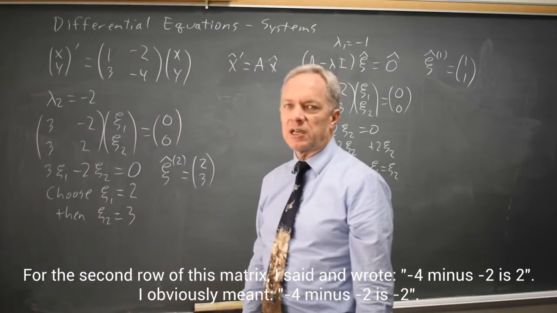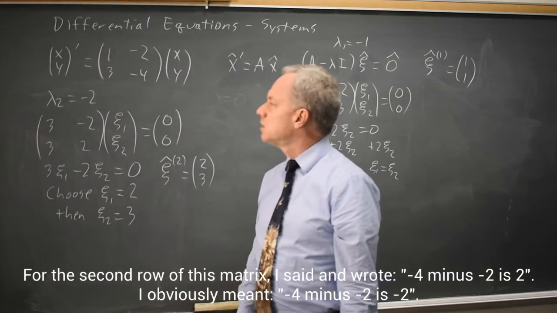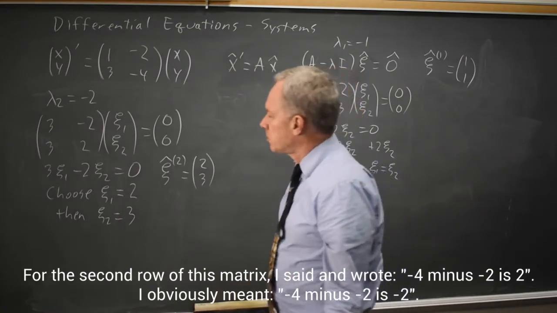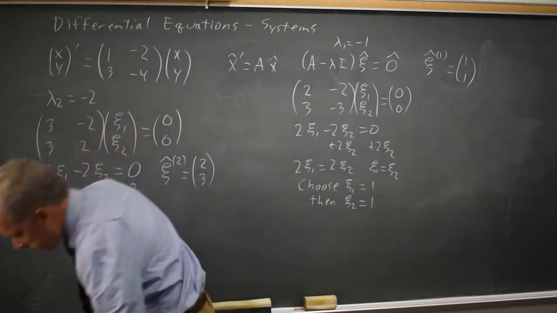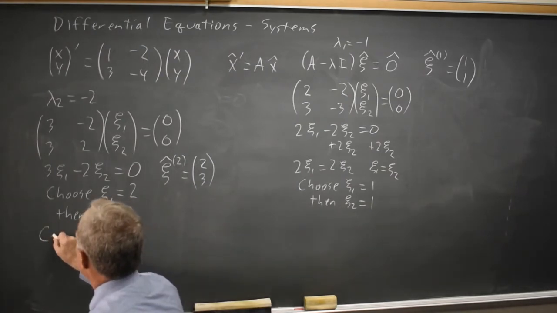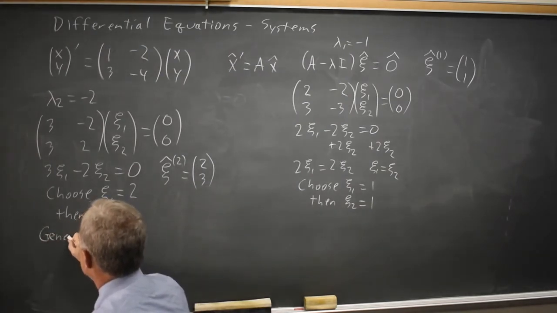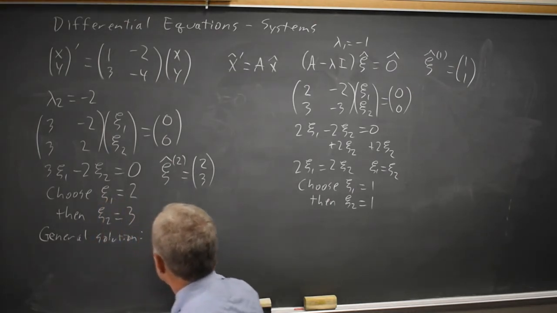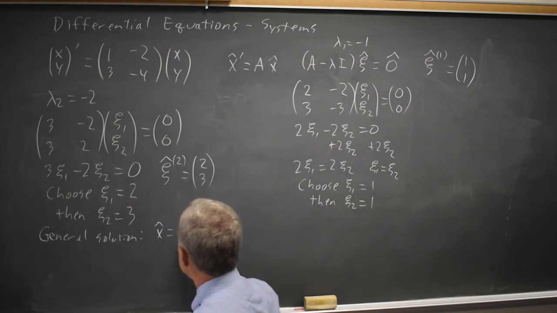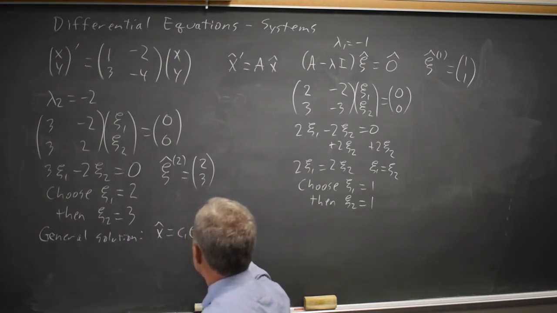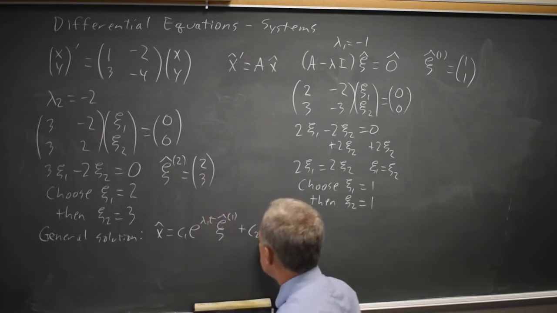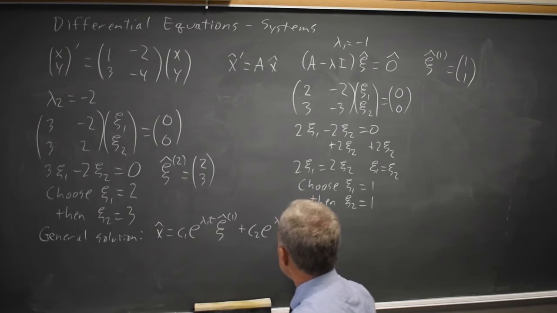Once you have the eigenvalues and eigenvectors associated with x prime equals Ax, the vector equation, the general solution is vector x equals c1 e to the lambda 1 t times eigenvector 1 plus c2 e to the lambda 2 t times eigenvector 2.